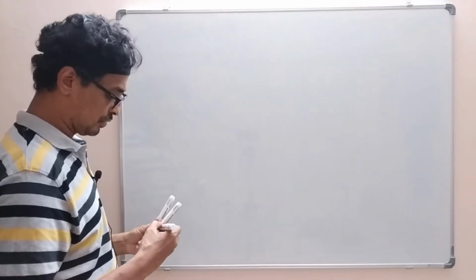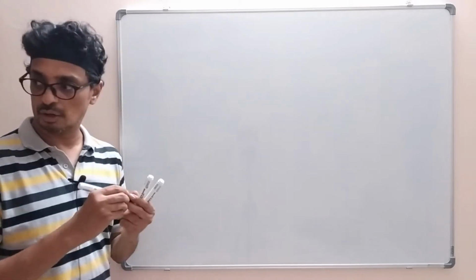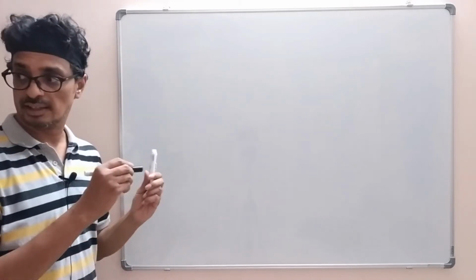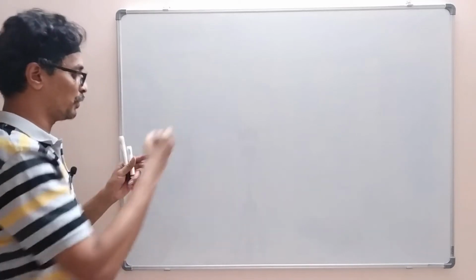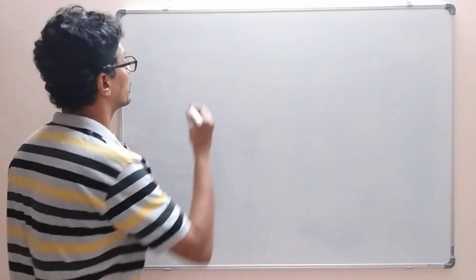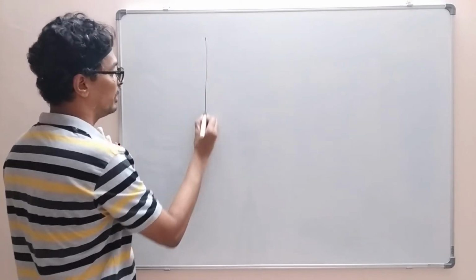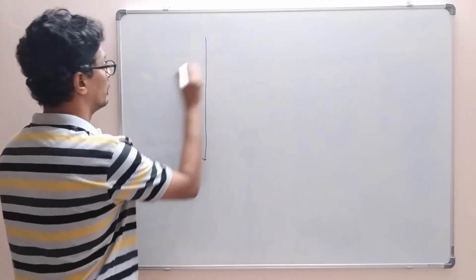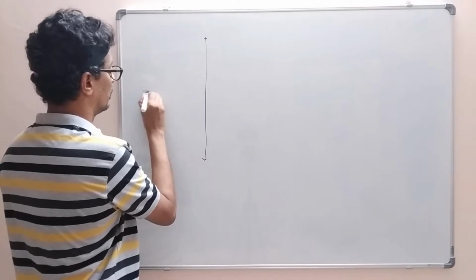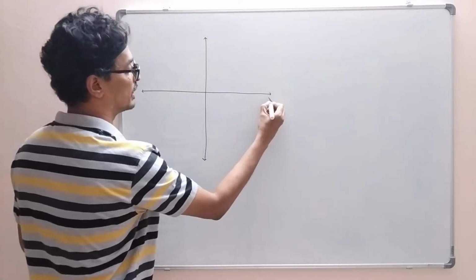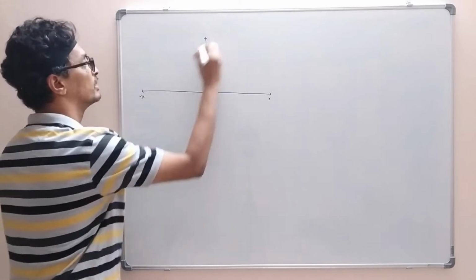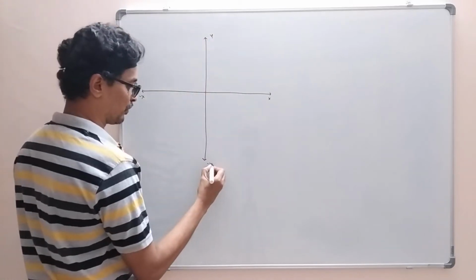Okay. So now we saw all this, how this trigonometric function is represented in the graphs. Okay. So let us write down. Let me draw what we had. So this is x, minus x, y, minus y.